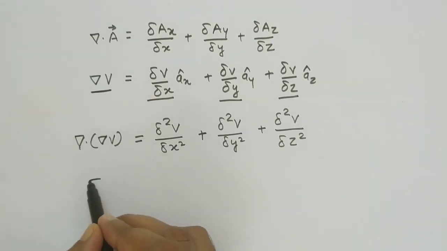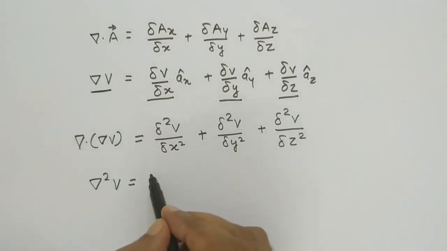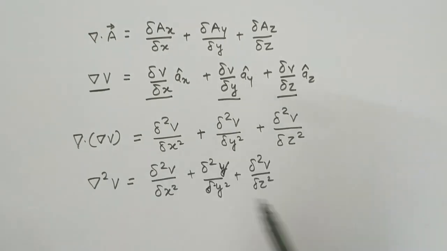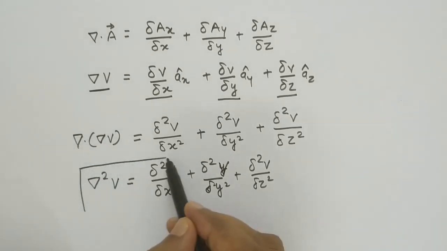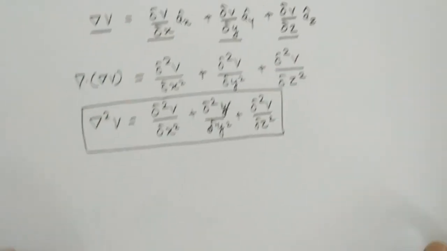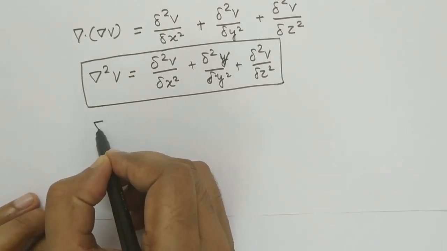And this is nothing but the double delta, del 2V. So we can say that in the rectangular coordinate system we have the formula for del 2V as this, and based on the divergence and gradient of other coordinate systems we can write del 2V for other coordinate systems as well.